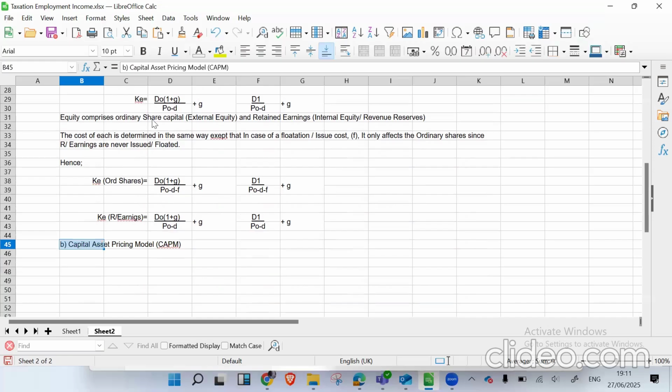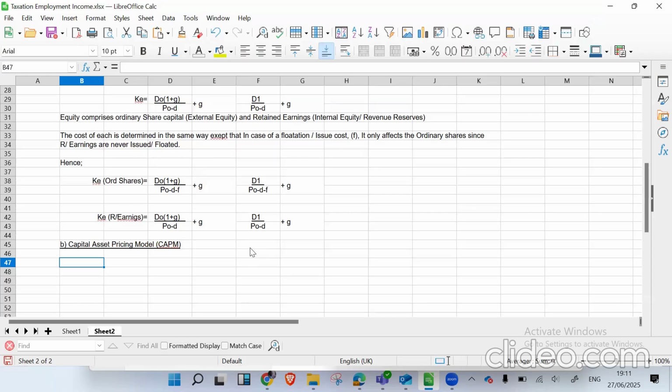Number B, CAPM. So capital asset pricing model. So you can see we are just borrowing from what we covered in the previous topic. So we're just rewriting it to calculate now the cost. Now our interest shifts from valuation to the cost of capital.